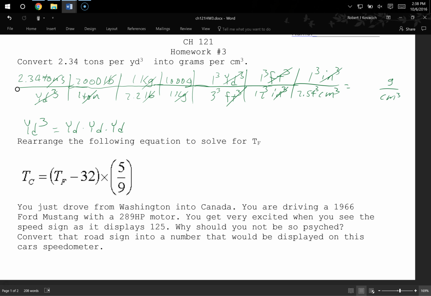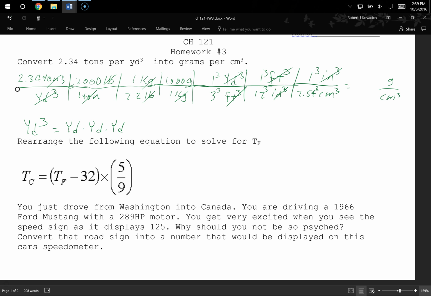So I've got 2.34 times 2,000 times 1,000 divided by 2.2 divided by 3 cubed divided by 12 cubed divided by 2.54 cubed.